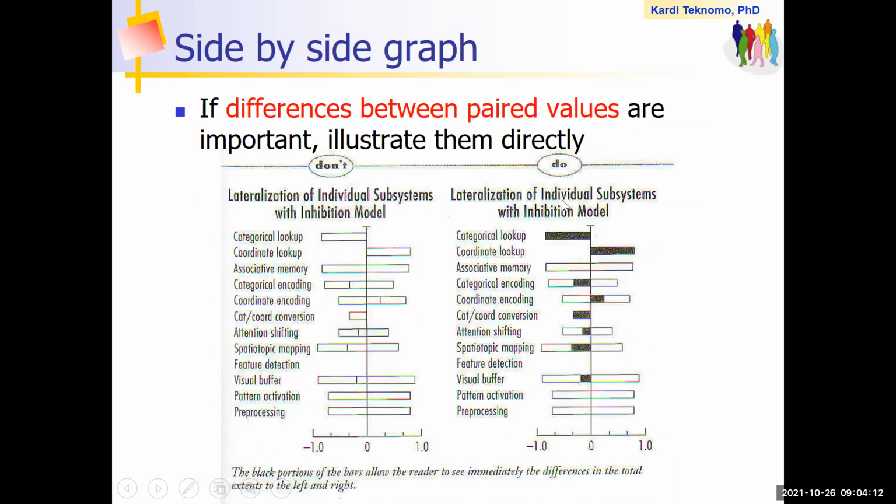So now you can also put color. Okay. So if the difference between pair values is important, then put color, to illustrate them directly.